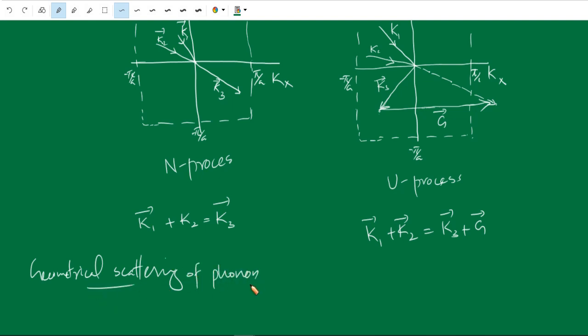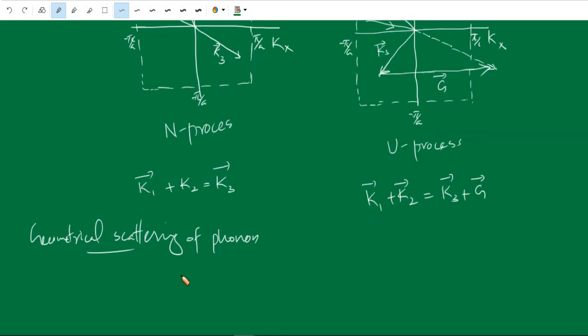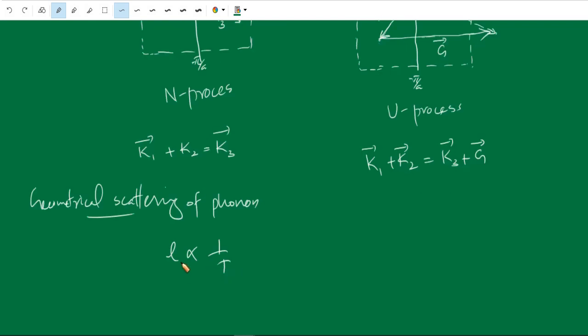That means interaction of phonons with the crystal boundary or lattice imperfection or chemical impurities in the crystal. We know that the mean free path is inversely proportional to temperature. We have discussed how this temperature dependence is coming. At low temperature, the mean free path becomes comparable with the width of the crystal.